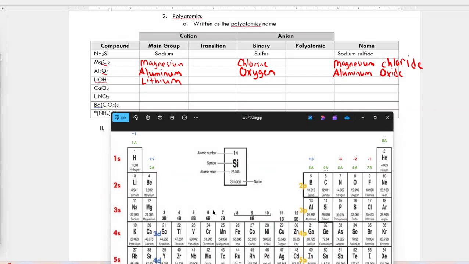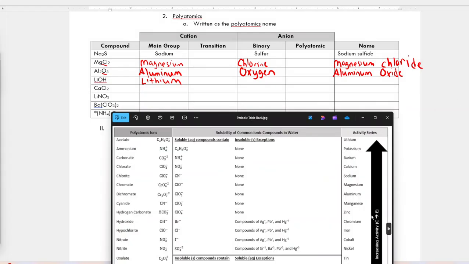Let's look at our polyatomic ion list. You can see right here, OH, that's that one. OH is called hydroxide. So we're going to write that as our polyatomic negative ion, hydroxide.